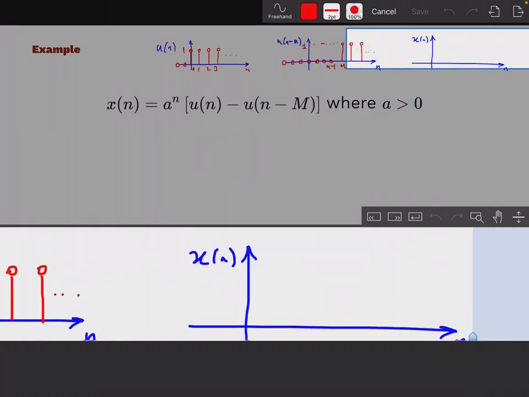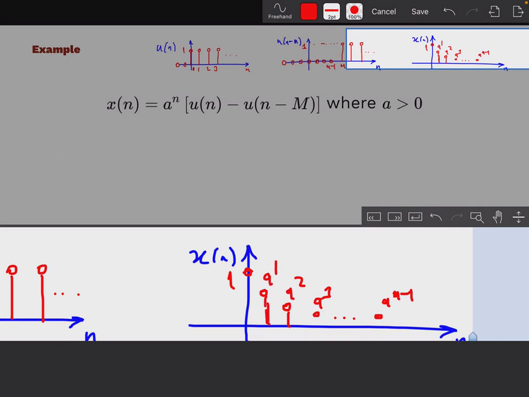Okay, so it starts at 1, then a, a squared, a cubed, etc., and a to the power m minus 1.